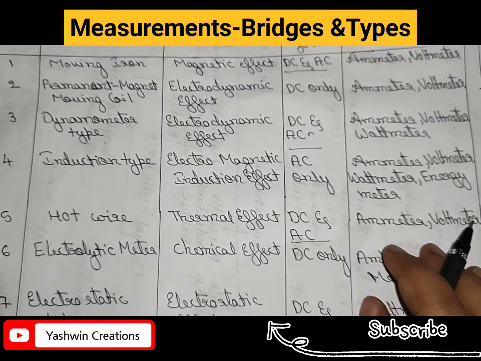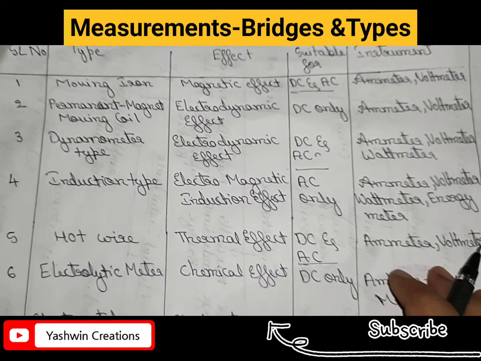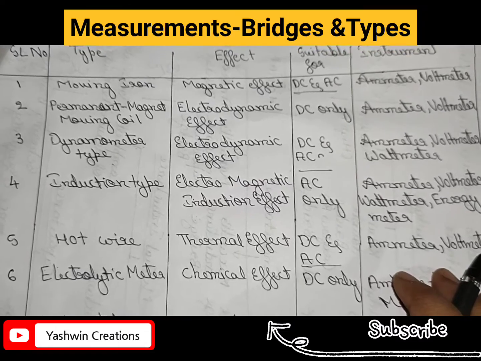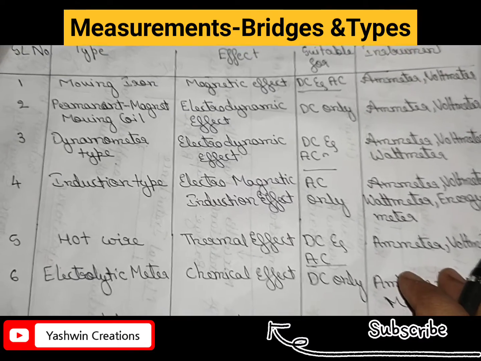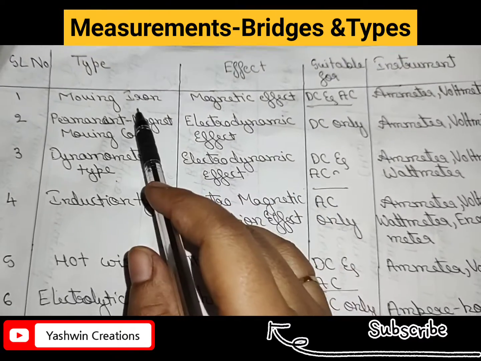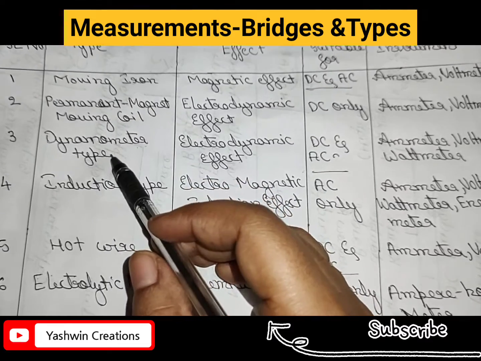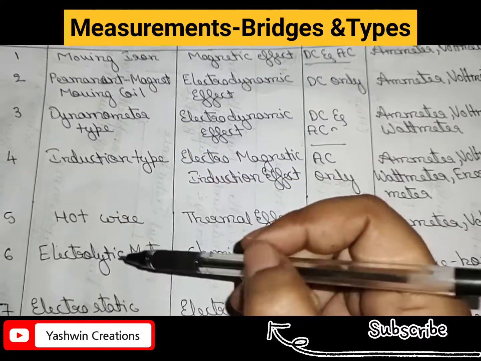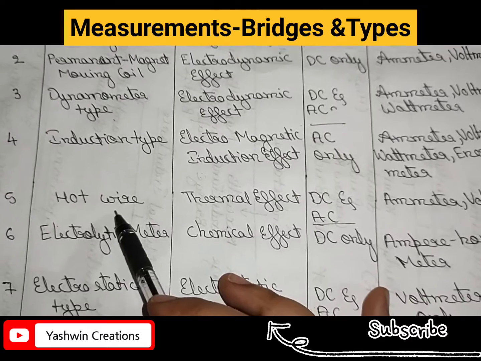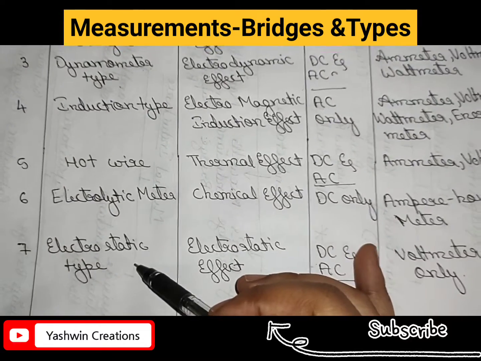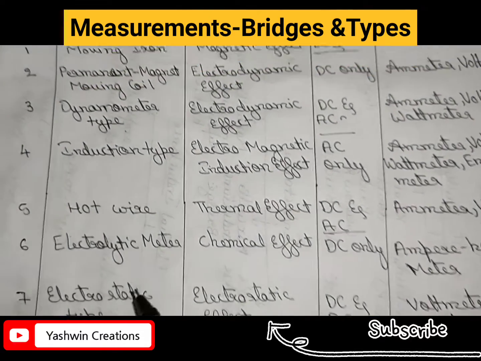So 4 instruments are suitable for both AC and DC. One is moving iron, another is dynamometer, next is hot wire, and next is electrostatic type.